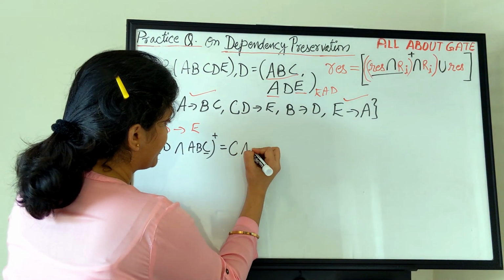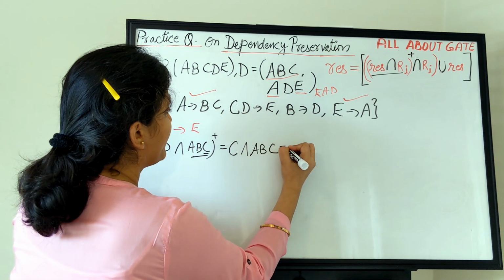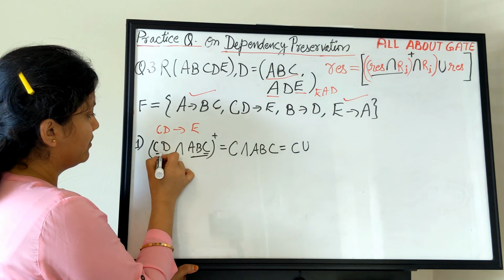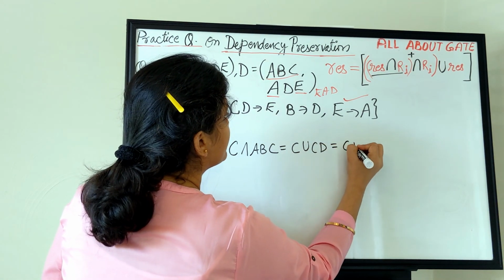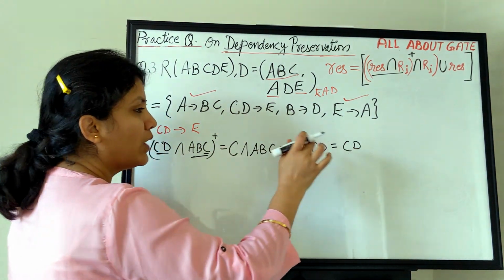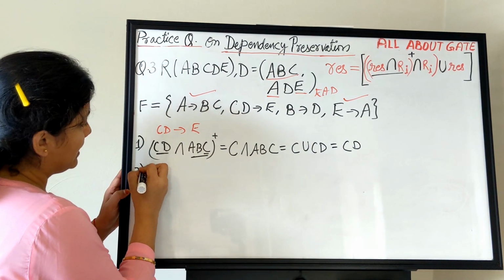Now take its intersection with the sub-relation ABC. That makes you again C. Take its union with your initial part, that is CD. So it makes up nothing but CD. So what you started with, you ended with the same. You have not derived any new attribute. That's fine. We still have hopes.